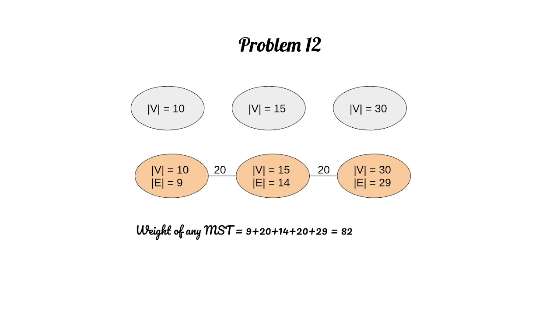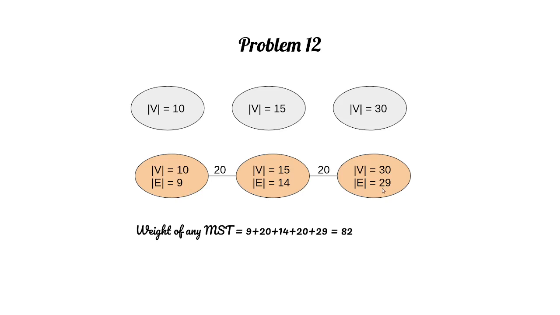So we will take the first connected component which has 10 vertices, and we will pick any 9 edges from it, because all of the edges are of weight 1, so we can pick any 9 edges. Then we will take the second component and pick 14 edges, and then we'll take the third component and pick 29 edges.